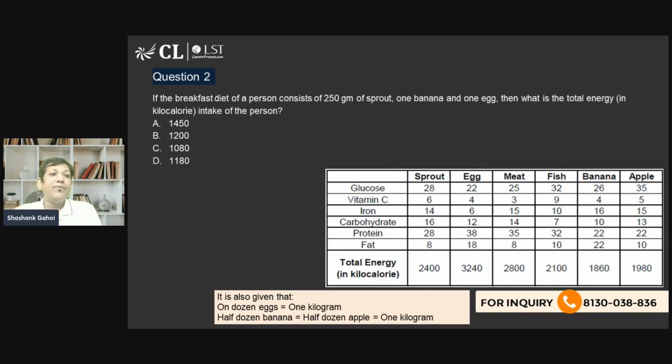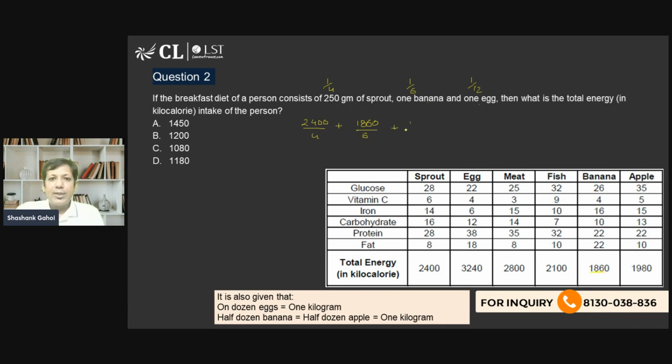If the breakfast diet of a person consists of 250 gram of sprout, 1 banana, and 1 egg, what is the total energy intake? So 250 gram can be said as 1/4 of a kg, 1 banana means 1/6 of a kg, and 1 egg is 1/12 of a kg. So sprout is generating 1/4 of 2400. 1 banana is generating 1/6 of 1860, because 6 bananas generate this total energy, so 1 banana generates 1/6 of this.